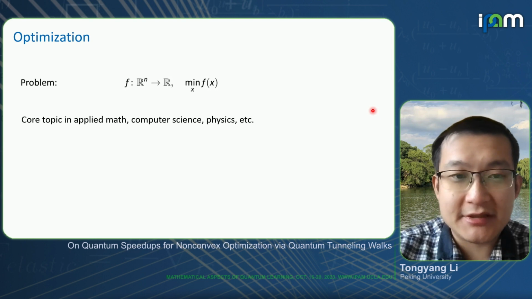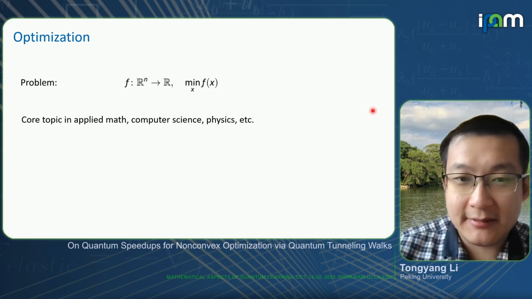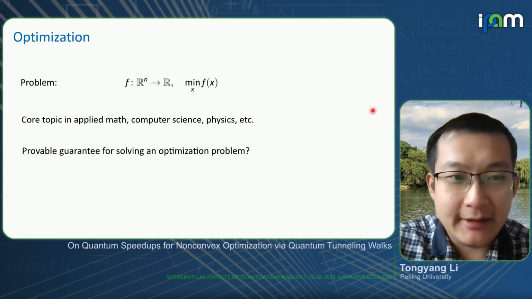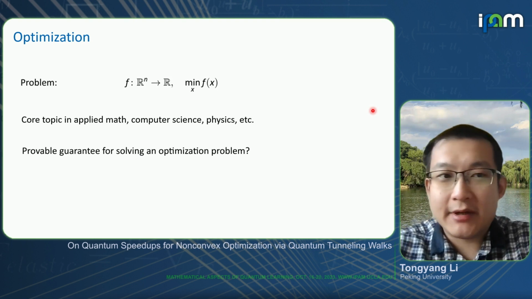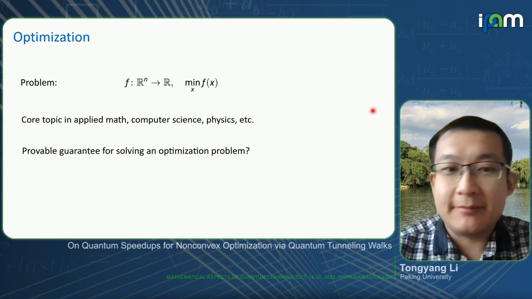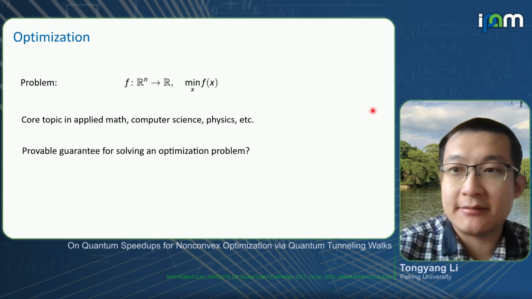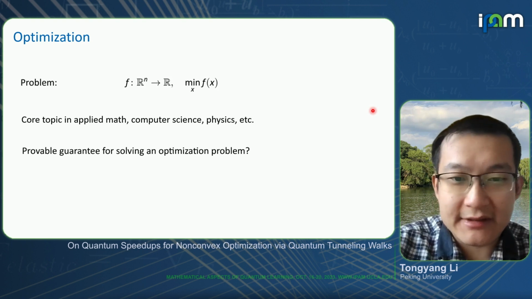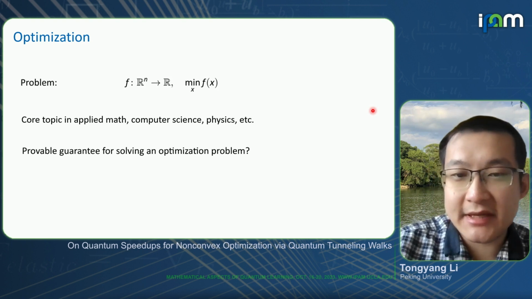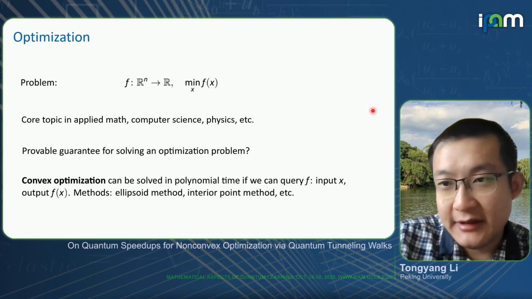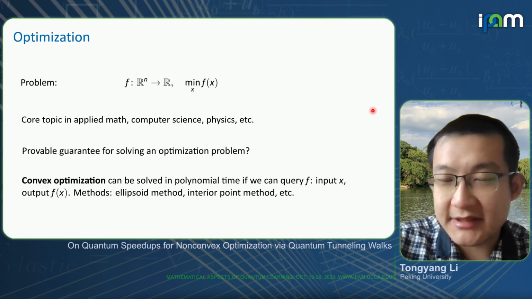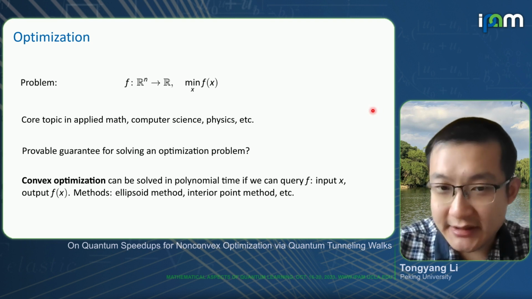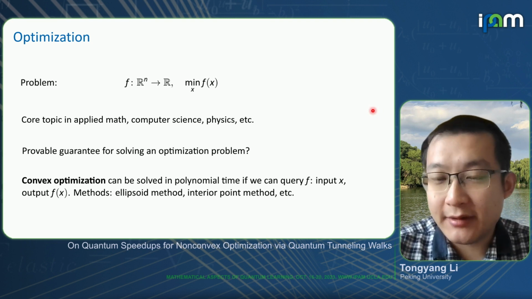Such problems are widely applied in applied math, computer science, physics, etc. For the topic today, this is a theory work, and we want to understand what provable guarantees exist for solving such optimization problems. In particular, can we prove a convergence guarantee? In convex optimization, this has been widely studied: convex optimization can be solved in polynomial time if you can query the function f.